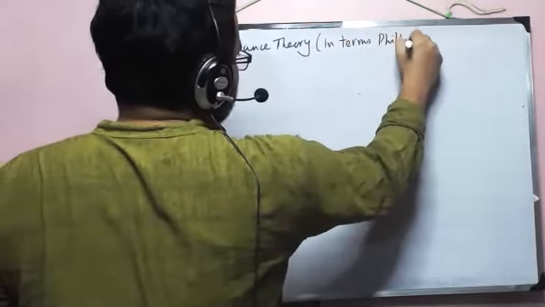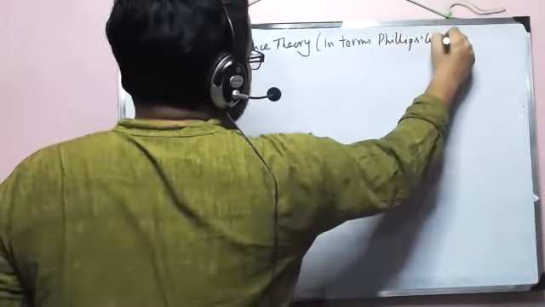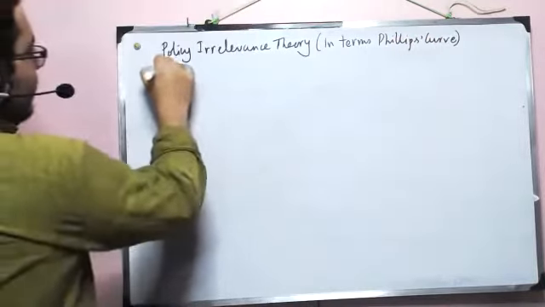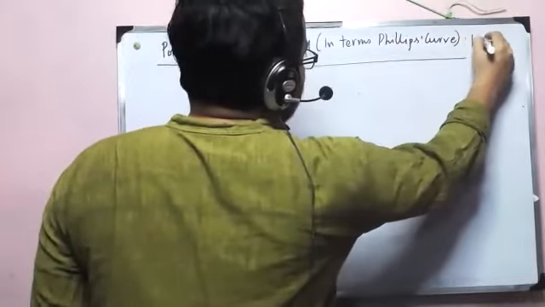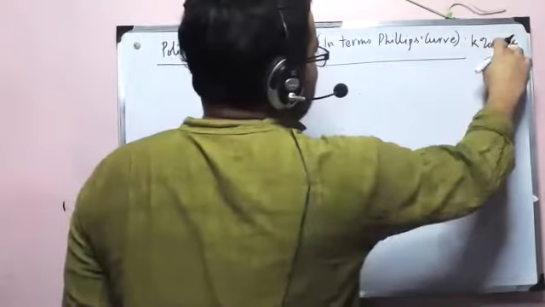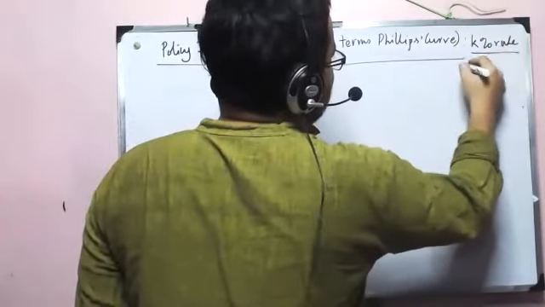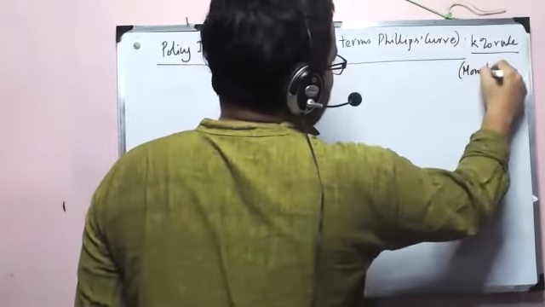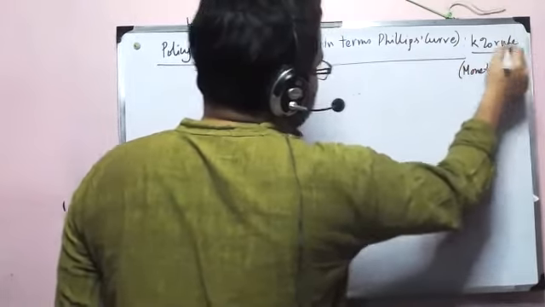So from that we will start, and with that we will combine the K% rule, which is the monetary policy prescription of monetarists.